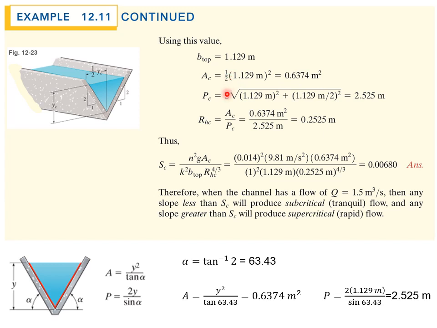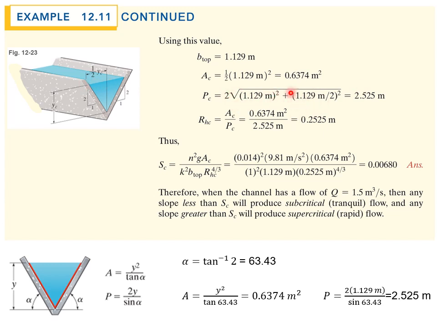For example, for the perimeter, you're trying to find this distance here plus this distance here. This side is y_C, which is 1.129 meters, and this is half of y_C. So you get 1.129 meters squared plus 1/2 of 1.129 meters squared, and then take the square root.